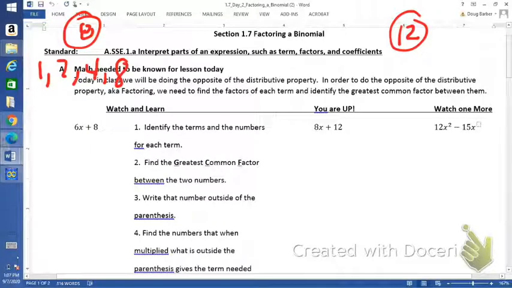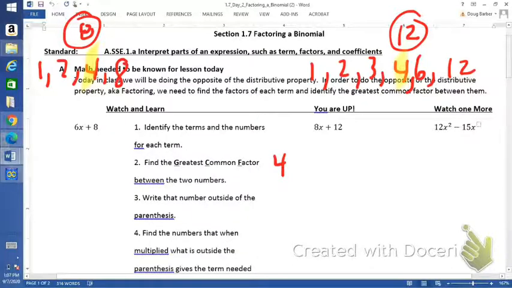And now the factors of 12, we have 1 and 12, 2 and 6, 3 and 4. Okay, what's the greatest common factor? That's going to be 4. So we write that down.